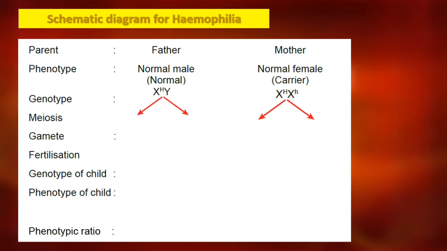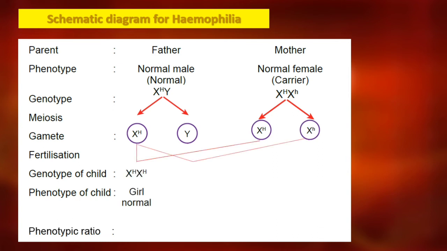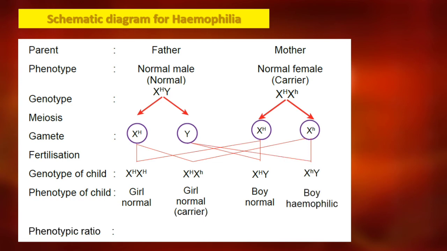Okay, girl normal, girl carrier, boy normal, and the boy hemophilic. Okay, so the ratio is 1:1:1:1. 25% girl normal, 25% girl carrier, 25% boy normal, and 25% the boy hemophilic.